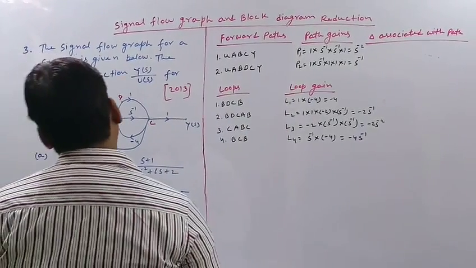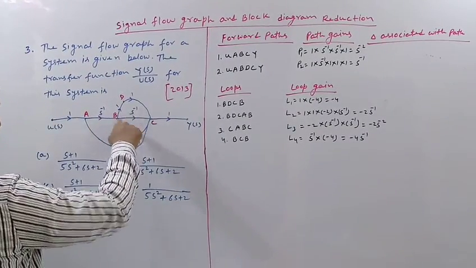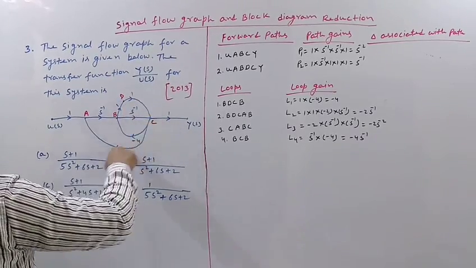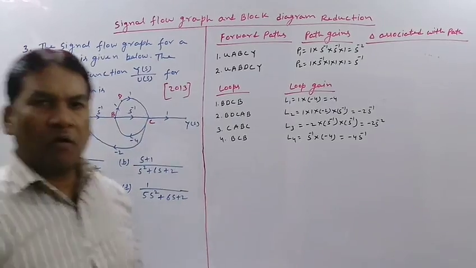Let us check whether any more loops exist. This one is another loop, and this one is another loop. No, so there are only 4 loops.